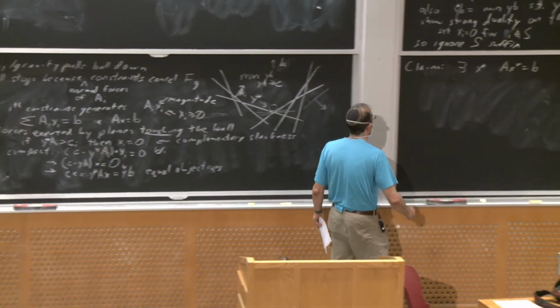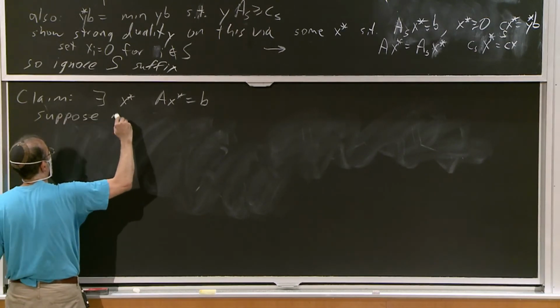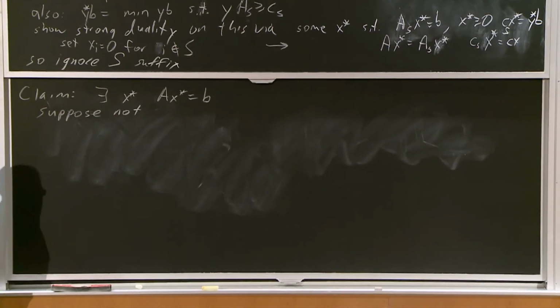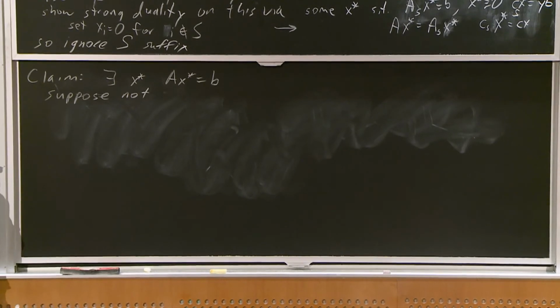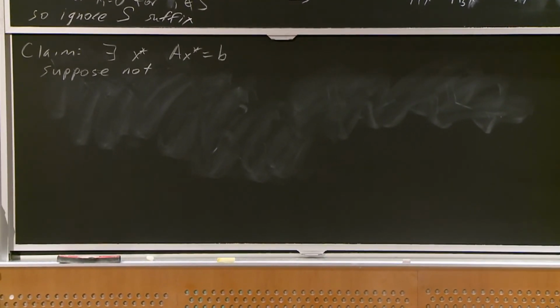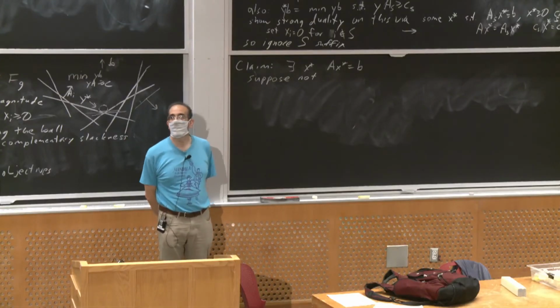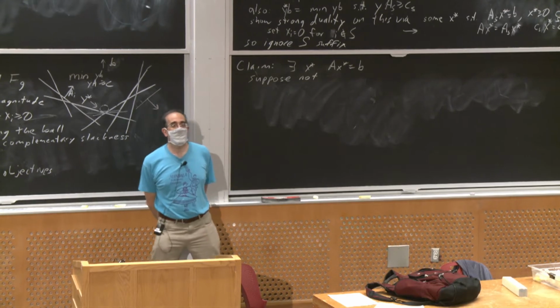Well, let's suppose not. If there is no x star such that A x star is equal to b, what can we possibly conclude from that lack of a solution? I will give you a hint that the answer is on the board.